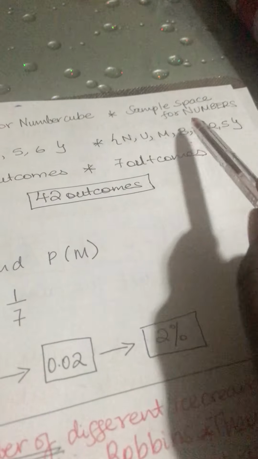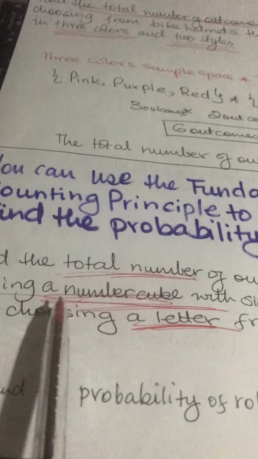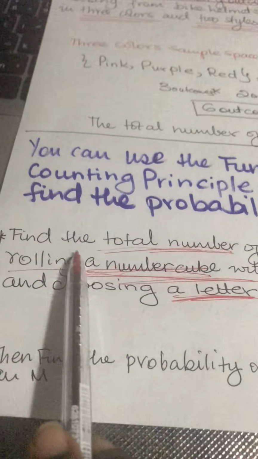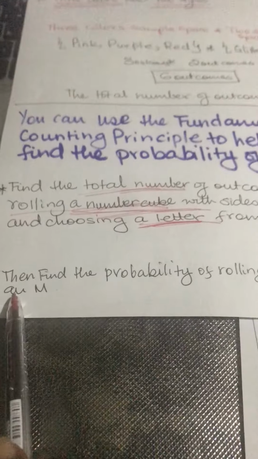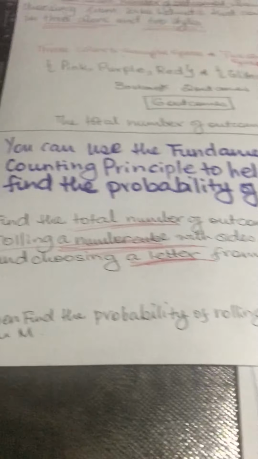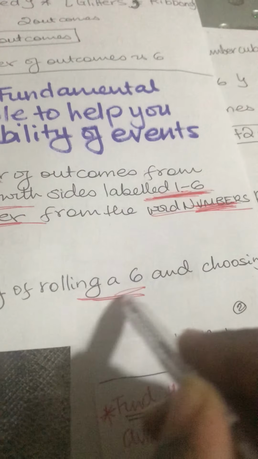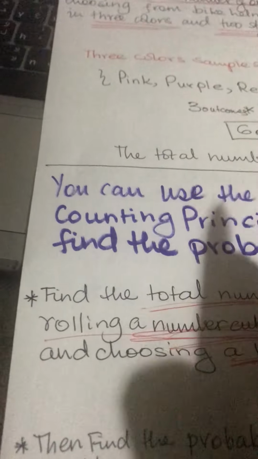How many outcomes? 7. 6 times 7, 42 outcomes. I have answered the first question. The question asked me to find the total number of outcomes. That I have answered. Then the question is asking me to find the probability of rolling a 6 and choosing an M. And I wrote that.